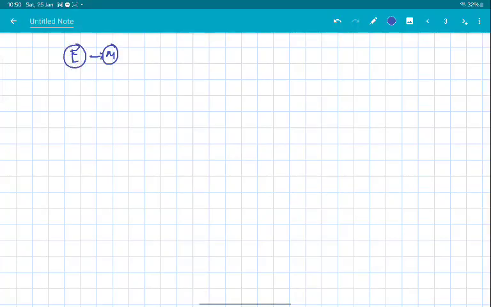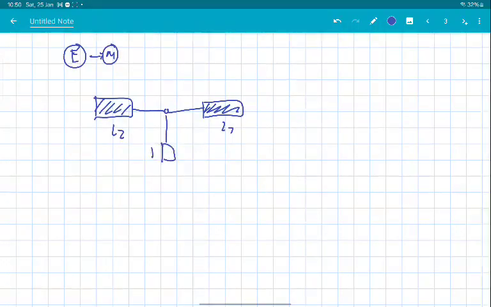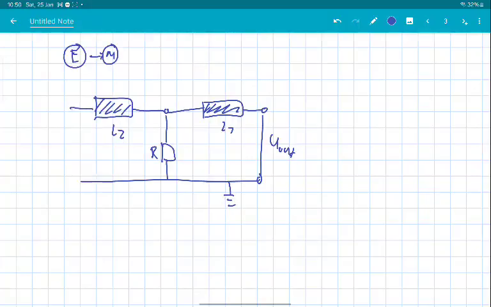So we are given the electrical circuit of an inductor, we call this L2, connected to L1, and it's connected to R, and draw a line like that. So we know that IL2.